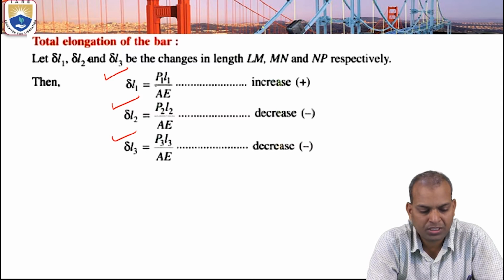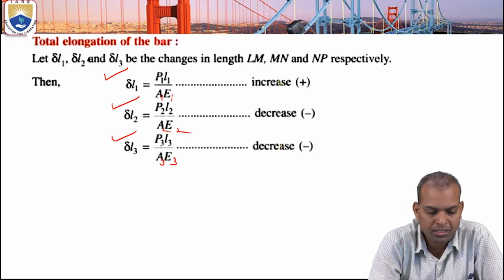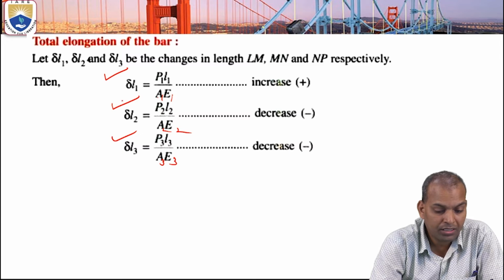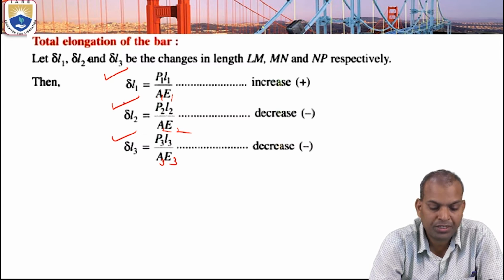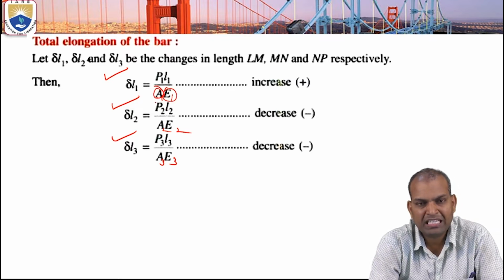So delta L equals P1 L1 by A1 E1, plus P2 L2 by A2 E2, plus P3 L3 by A3 E3. Here, why P1 L1 by AE? Because the area of cross section is the same and the material is the same throughout.